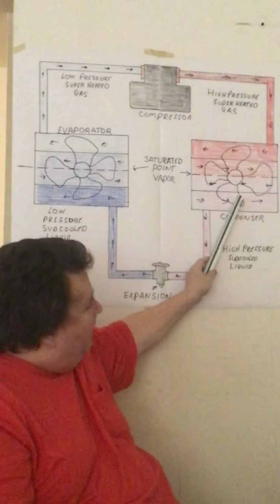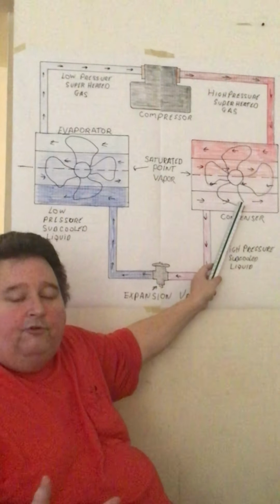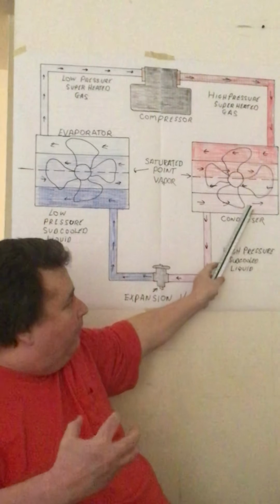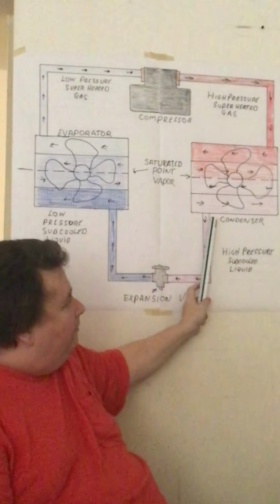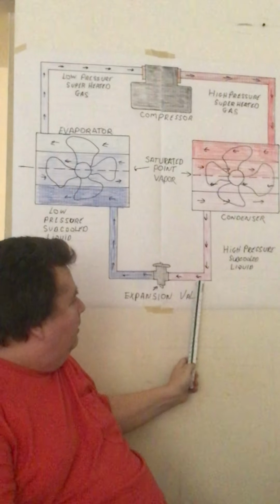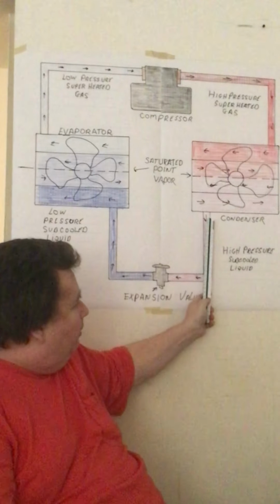As it comes down, it keeps producing subcooling temperatures of the refrigerant. That guarantees you have pure liquid going into the liquid line.